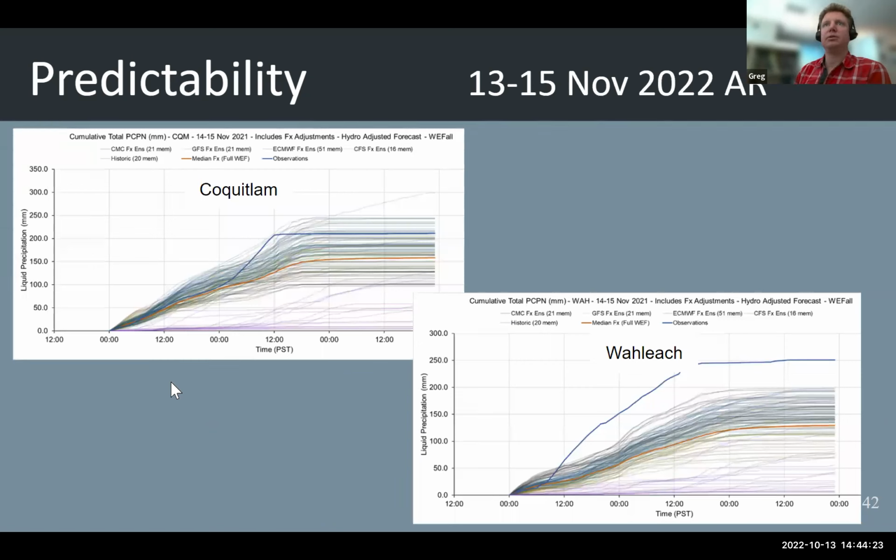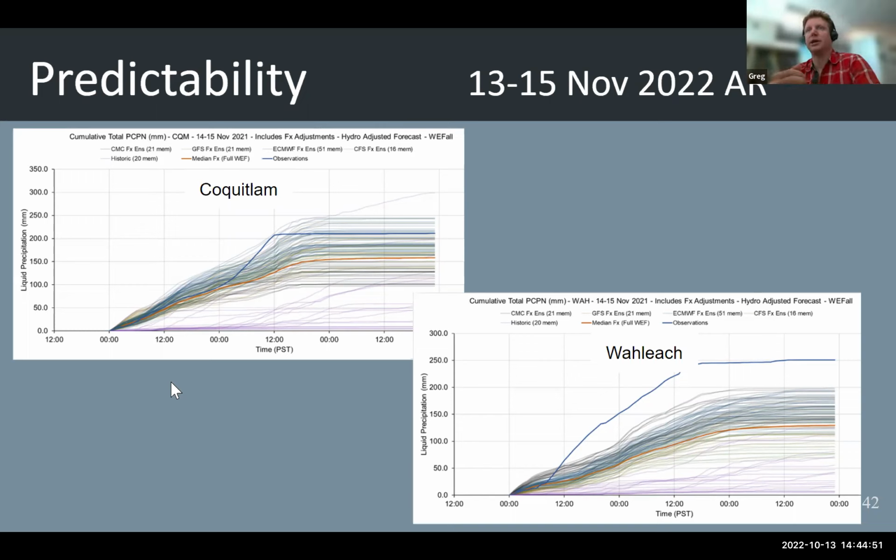So one example of partial success, partial failure with predictability of atmospheric rivers was last November's event. We worked with Dominique on the weather forecast research team, and she built this ensemble forecast system for us.